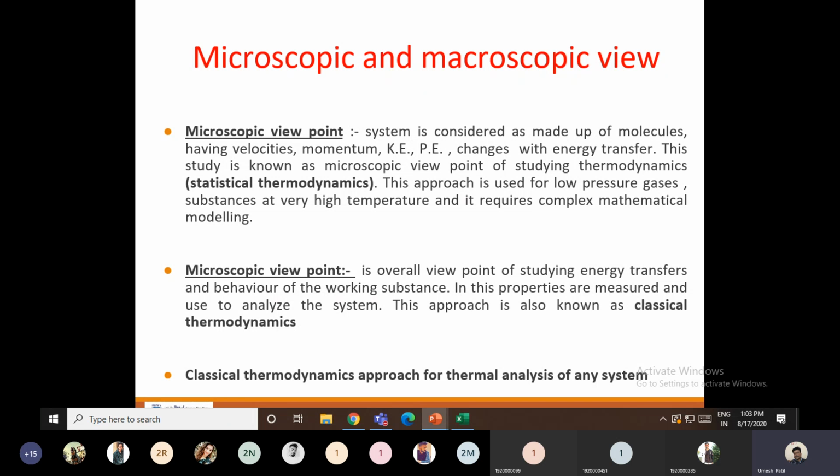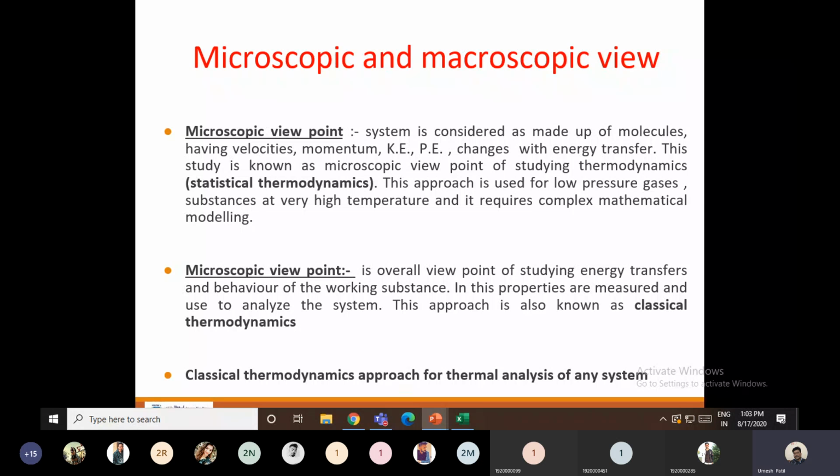A lot of mathematical equations will be generated. For every molecule there will be a mathematical equation, and as a system consists of a number of molecules, there will be a large number of mathematical models. So it will be very difficult to analyze the particular system.